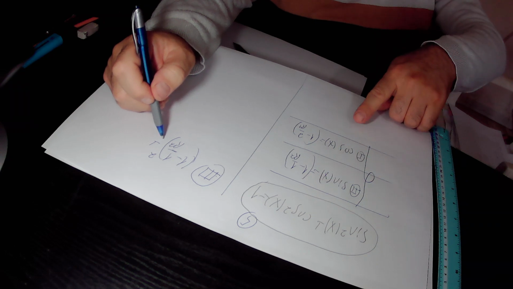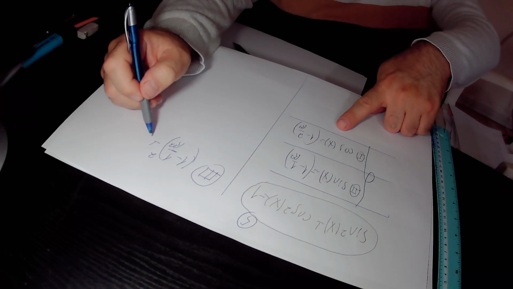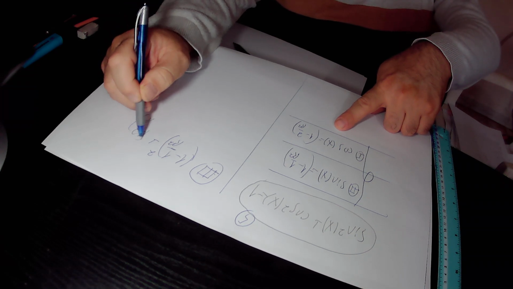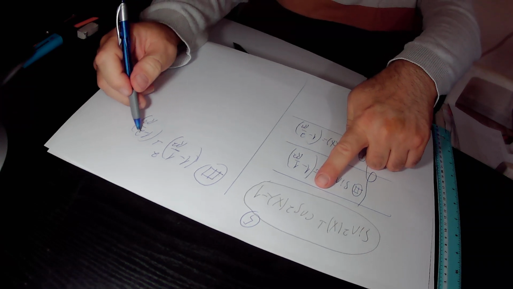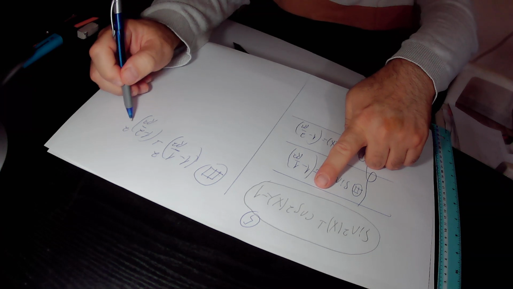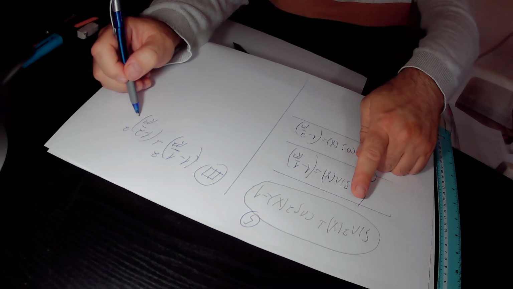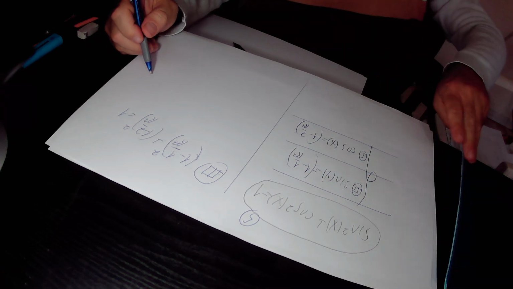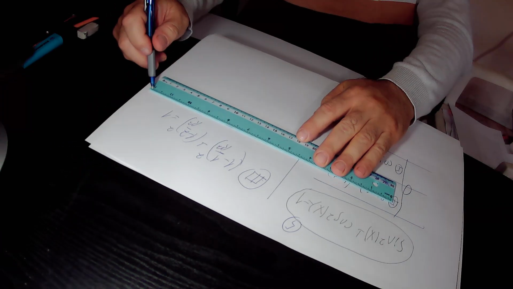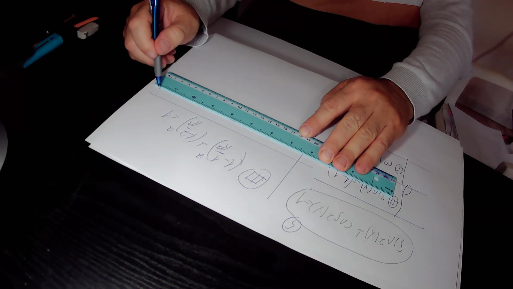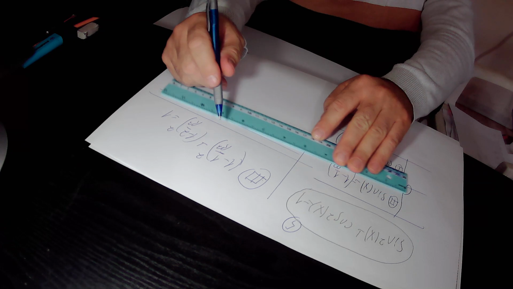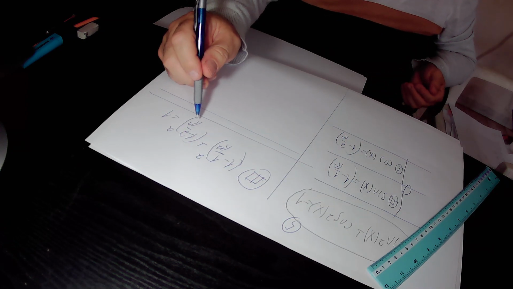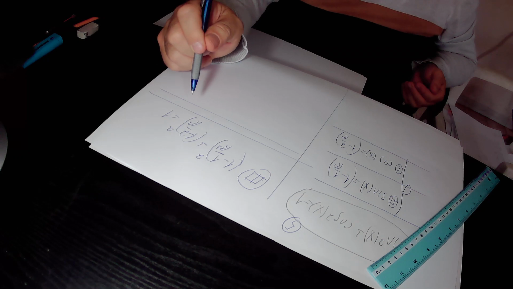Cosine x, according to equation 1, is 1 minus 2 over r squared, and therefore cosine square x will be equal to 1 minus 2 over r squared, squared, and sine square x plus cosine square x equals 1. So according to equation 3, 1 minus 1 over r squared, squared, plus 1 minus 2 over r squared, squared, equals 1.